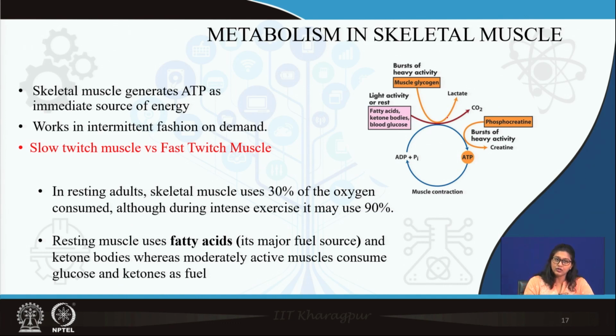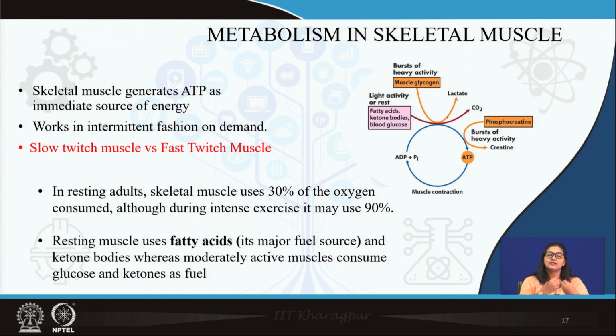So in slow twitch muscles, the functions are stable, steady but slow, whereas fast twitch muscles act rapidly. The tension generated in fast twitch muscles is very high and their ATP depletion rate or energy utilization rate is very high. So you can see the energy and nutrient requirements in skeletal muscle are different at different phases.